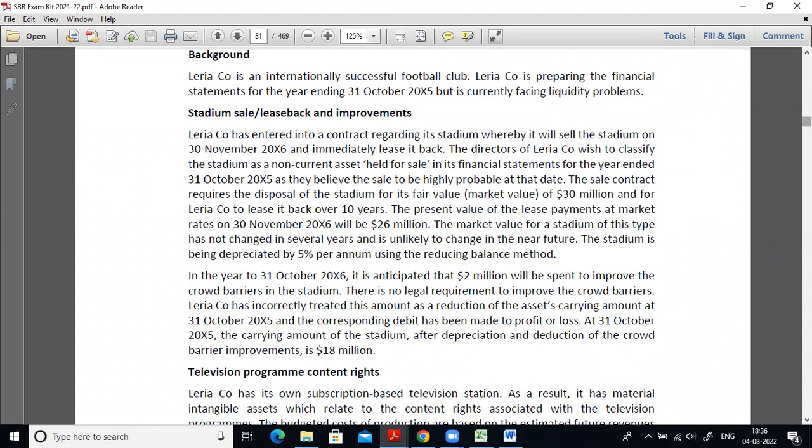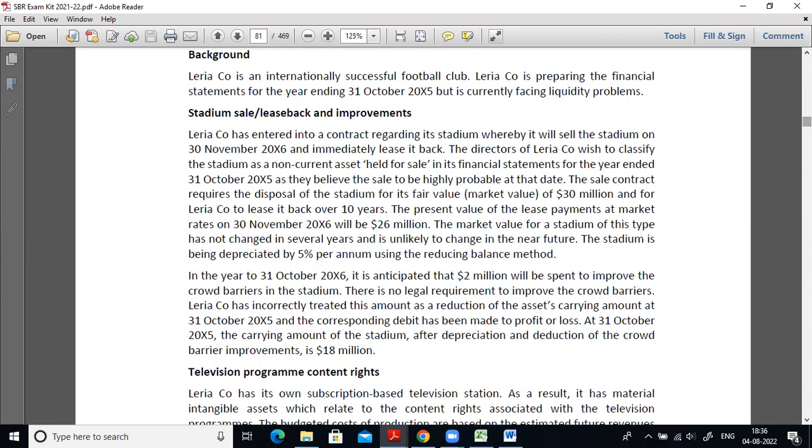The sale contract requires the disposal of the stadium for its fair value, that is nothing but the market value of 30 million, and for Iriaco to lease it back over 10 years. The present value of the lease payments at market rates on 30th November 2006 will be 26 million.